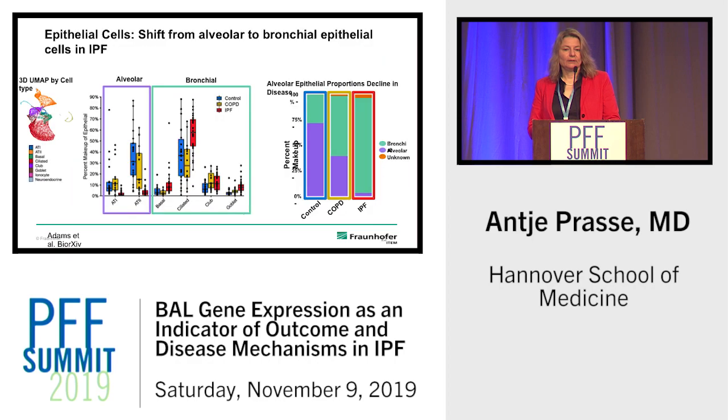And also Naftali's data showed, as he presented yesterday, that the type 2 cells are nearly gone in IPF tissues and replaced by bronchial epithelial cells. So these single-cell RNA-seq data perfectly fit our observation in the BAL.